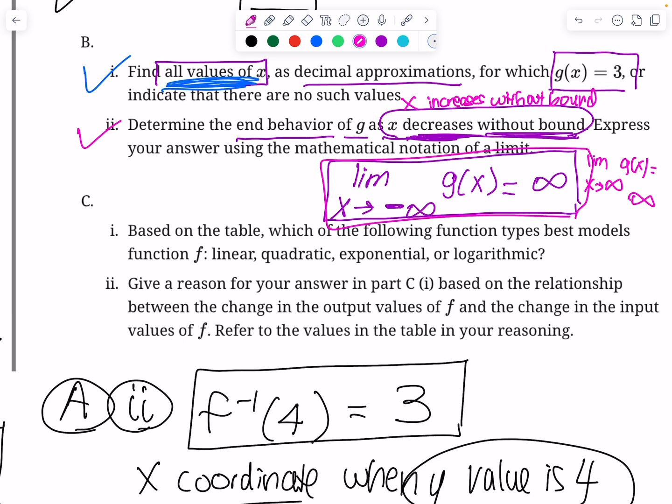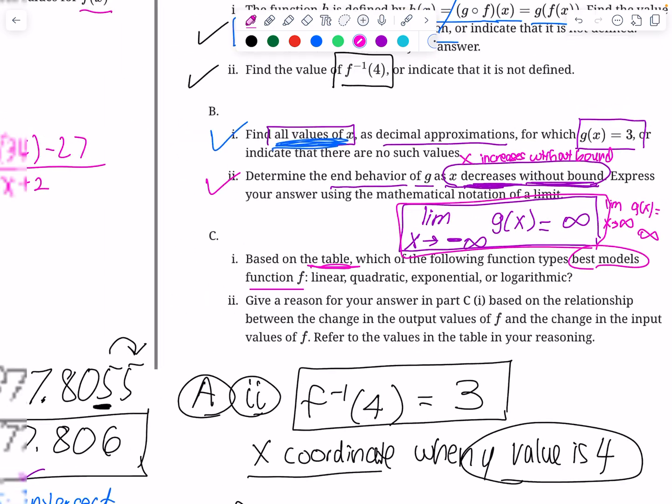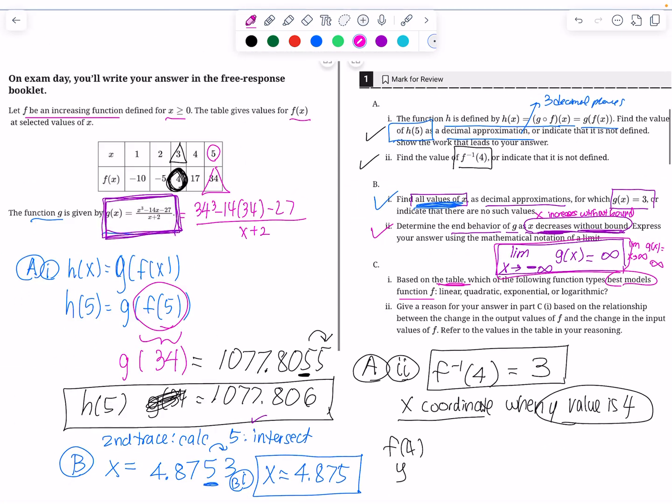It says, based on the table, which of the following function types best models function f? So is it linear, quadratic, exponential, or logarithmic? So what we're going to do is look at the table. I'm just going to clean the table up a bit so it's more neat.